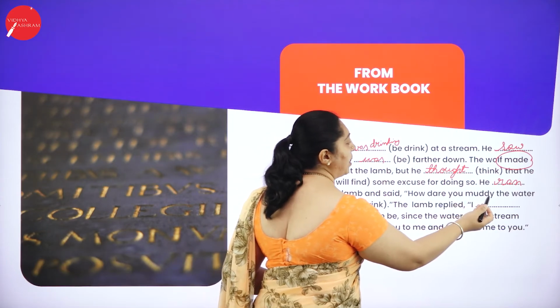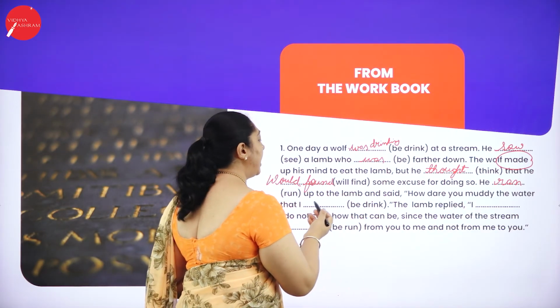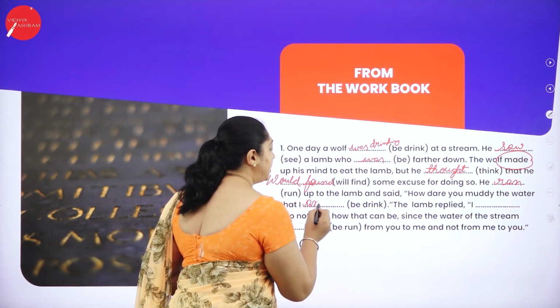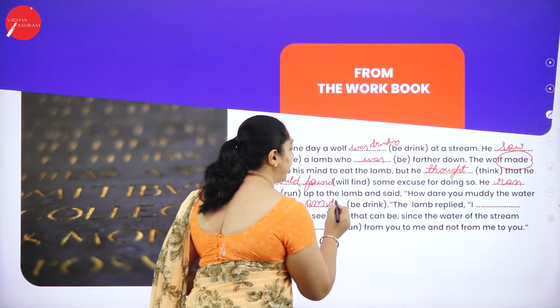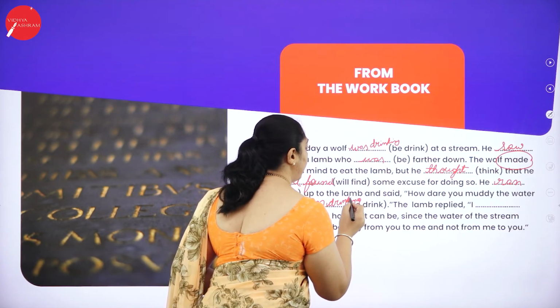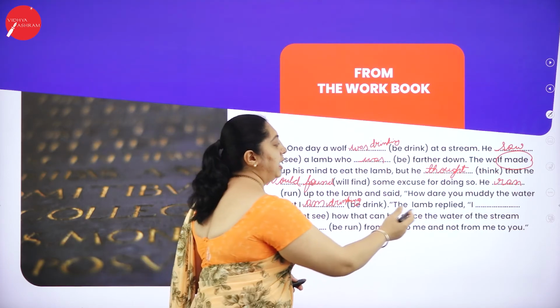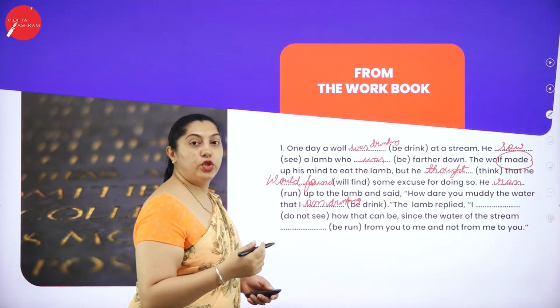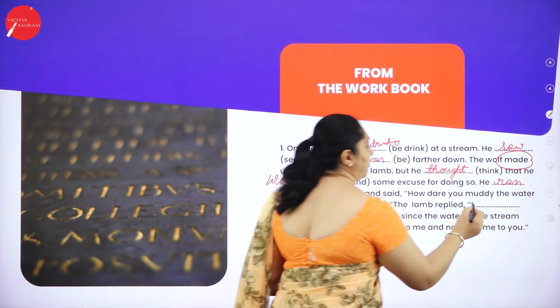How dare you muddy the water that I be drink, that I am. Am is a present tense. I am drinking. That I am drinking. The lamb replied, "I, here in the bracket, do not see. Don't or do not.